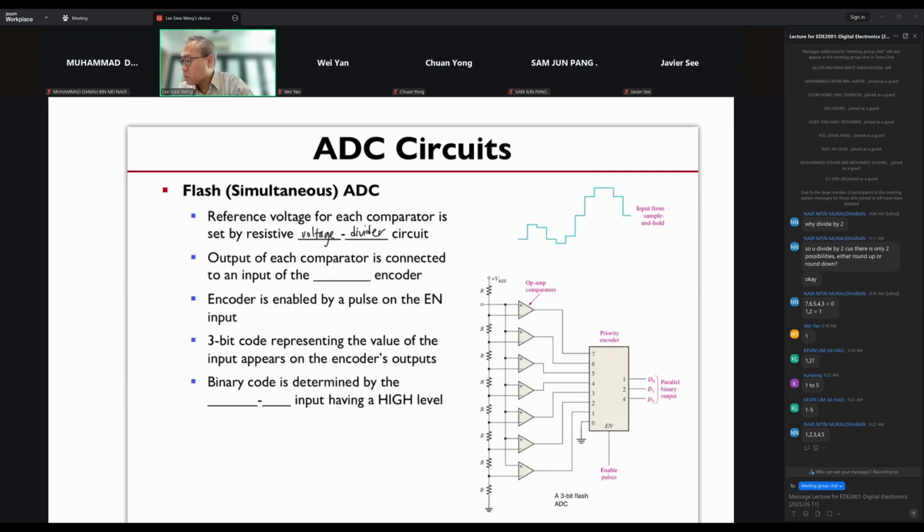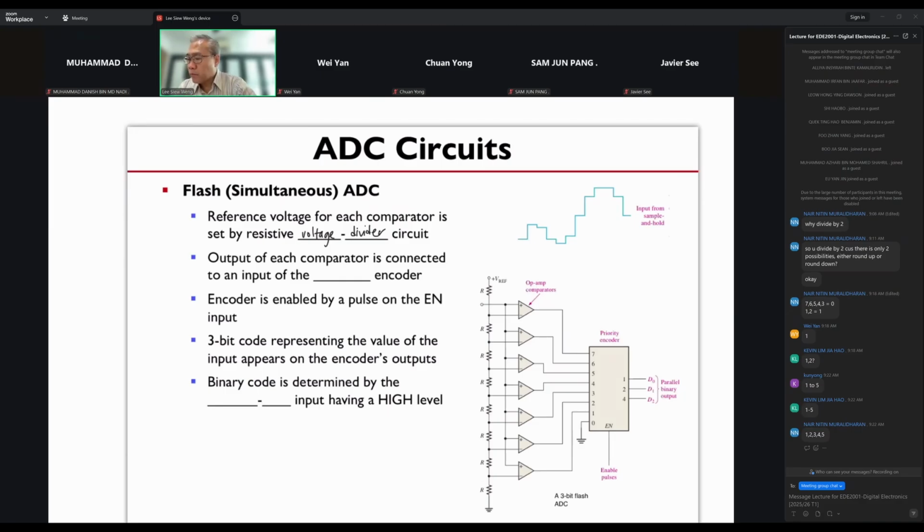If it's 16, then it will be double: 14, 12, 10, 8, and so on. So it depends on how many levels you want to quantize. Whatever VREF comes in here, the voltage will just be divided by 8 accordingly.